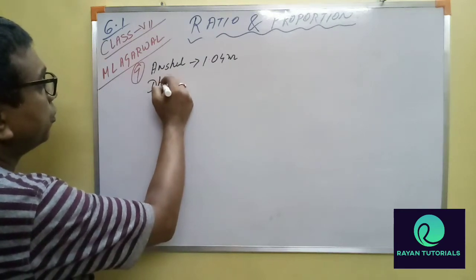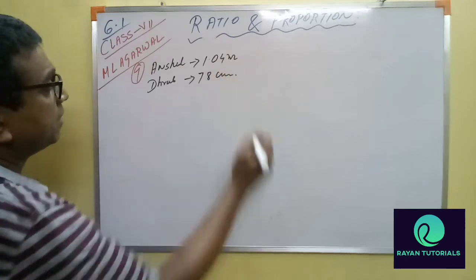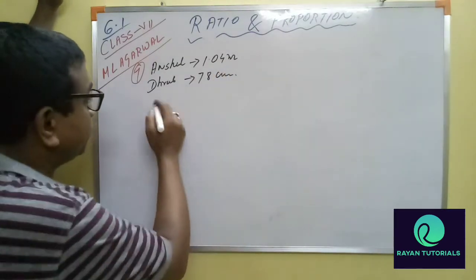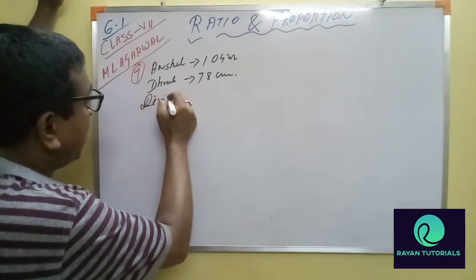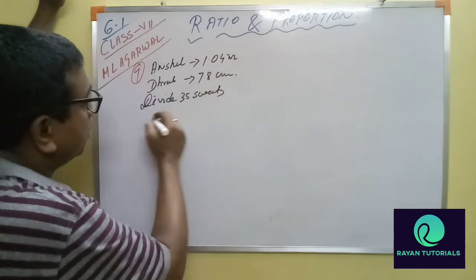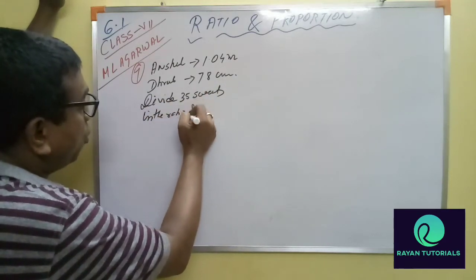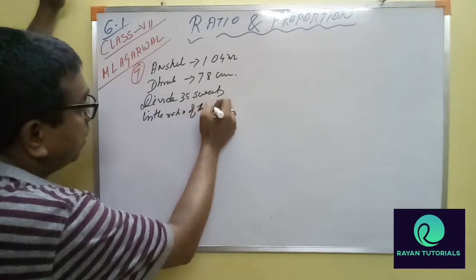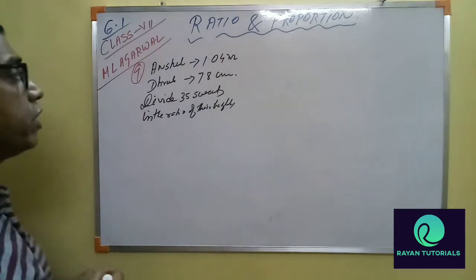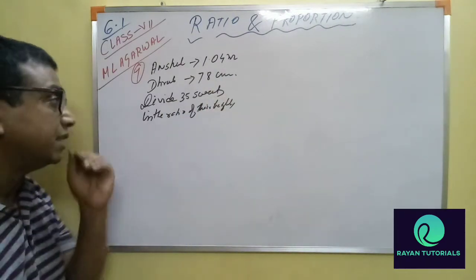Now divide 35 sweets in the ratio of their heights. So Anshul was 1.04 meter and Dhruv was 78 centimeter.